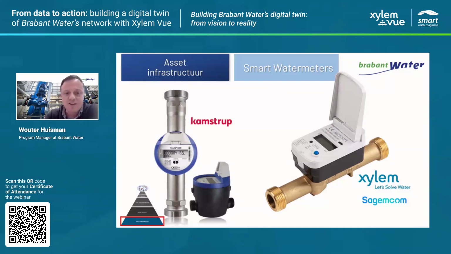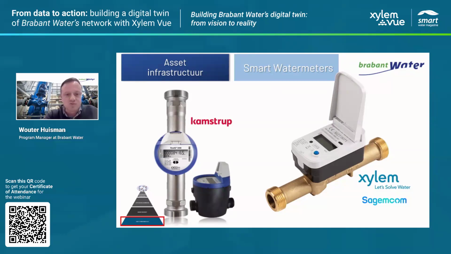And we did the analysis, and if we look at all our customers, the top 10%, so about 120,000 customers, they consume more or less half of the water that we distribute. So for now, we will install smart water meters at this group of customers.